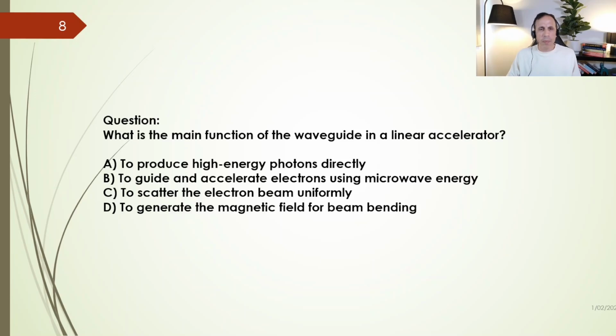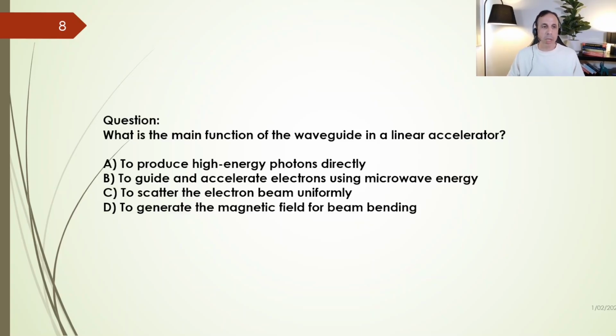So in this slide I have tried to propose a question which could be helpful to understand the concepts. What is the main function of the waveguide in a linear accelerator?